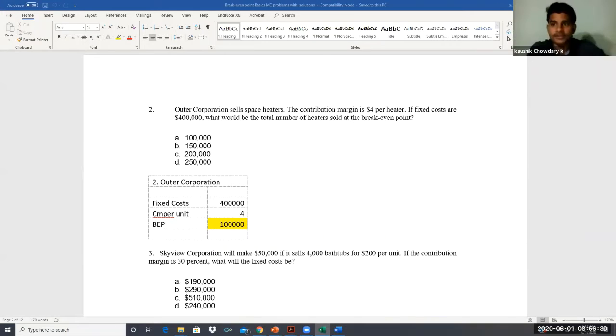Excuse me, sir. Yes, please. Sir, since the third question is not clear, should we assume that 4,000 units is the break-even point? Yeah, at 4,000 units it will make 50,000, yes. It is not necessarily a break-even point. It's making money.